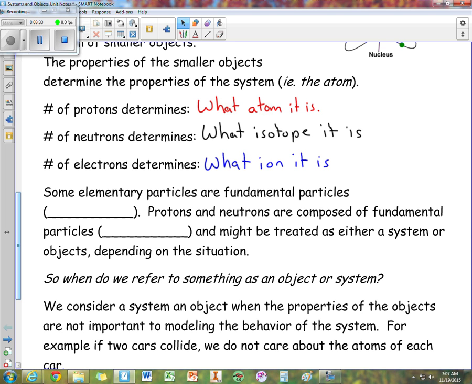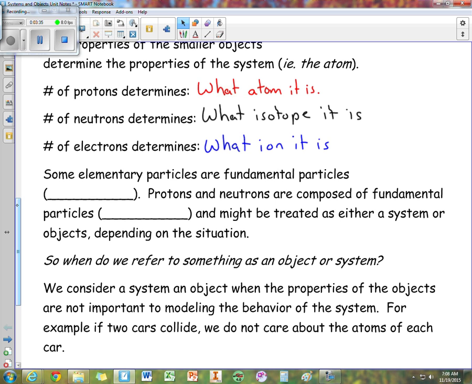Some of the protons we found out are made up of even smaller, more fundamental particles, which we call quarks. Electrons, it turns out, are about the same size as a quark, maybe a little bigger, but electrons we found were elementary.